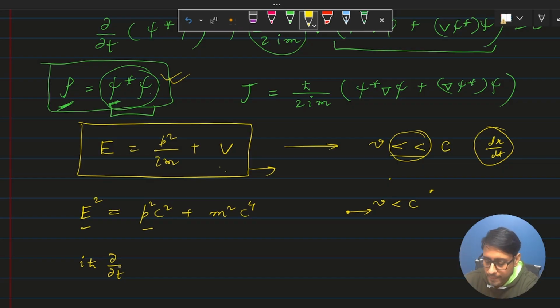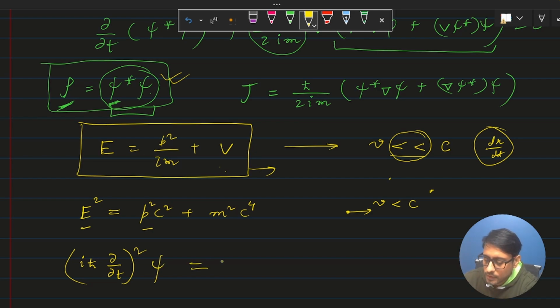First, we can write this thing squared. Now we can also directly write it for three dimensions, because we have already done that. So this will be squared, and obviously we will apply it to some wave function psi.